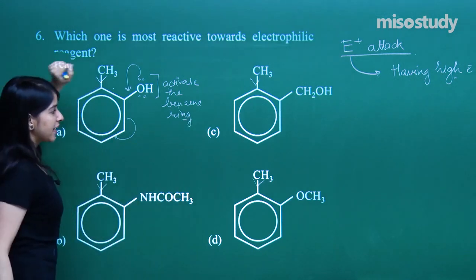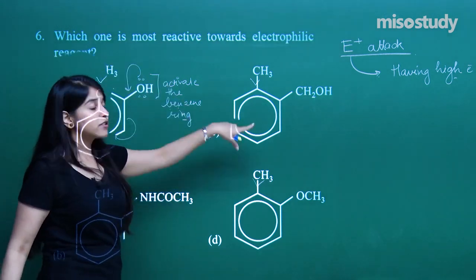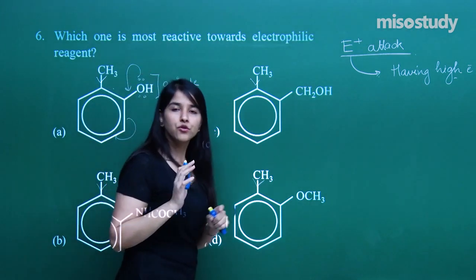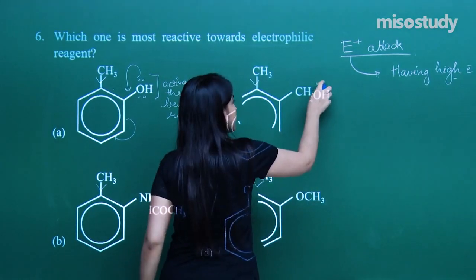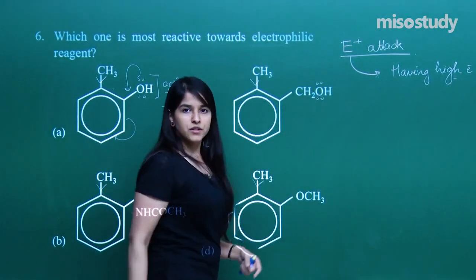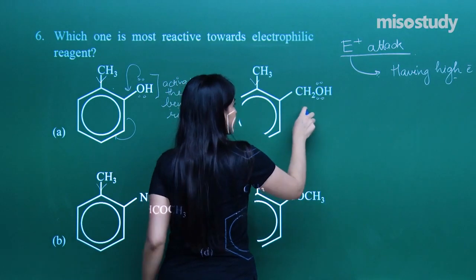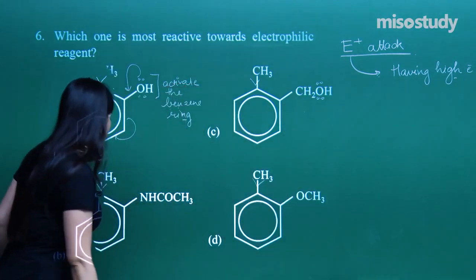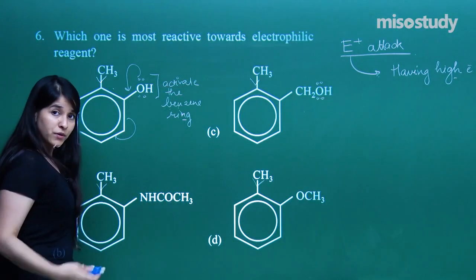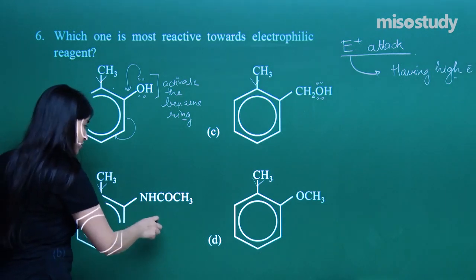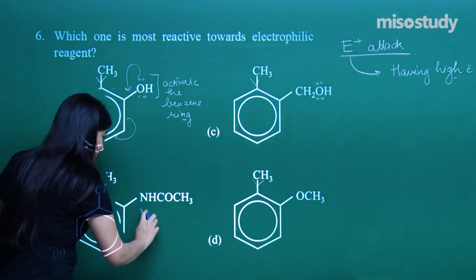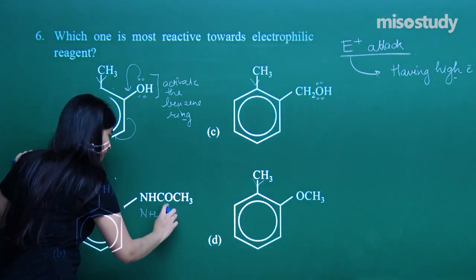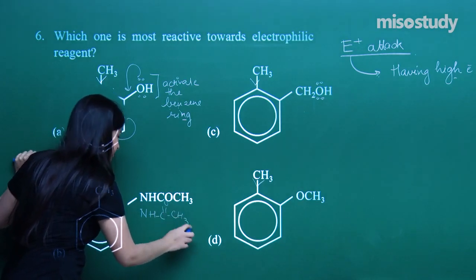What do I have in the next one? I have got CH2OH. Now there will not be any kind of involvement of these lone pairs. If I move on to this option, here I have got NHCOCH3.